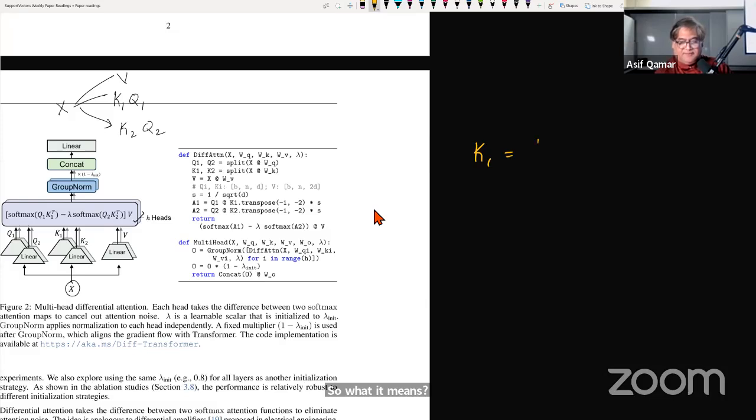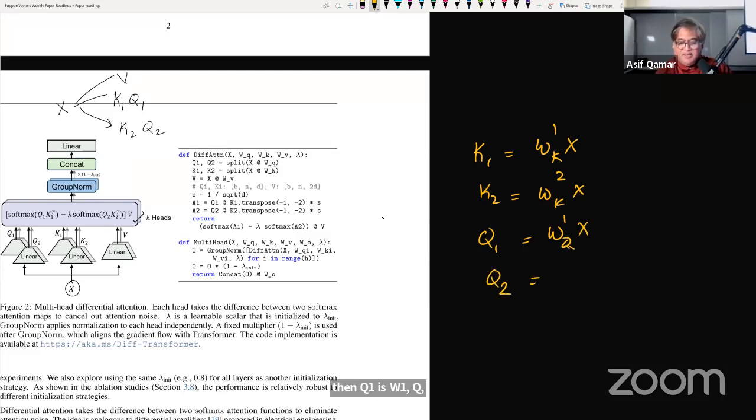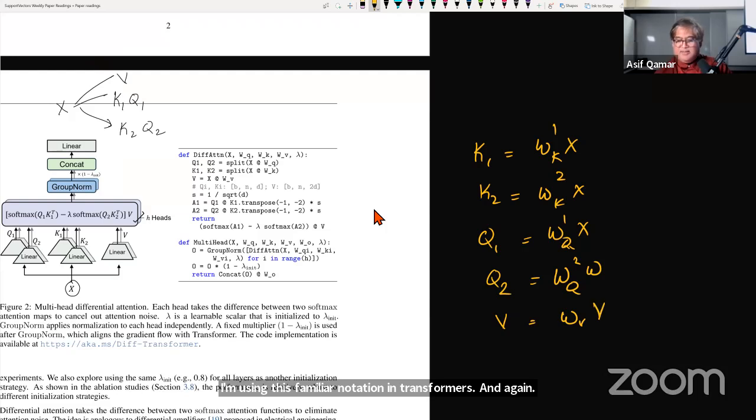K1 is W1K X, K2 is W2K X, then Q1 is W1Q X. I'm using this familiar notation in transformers.